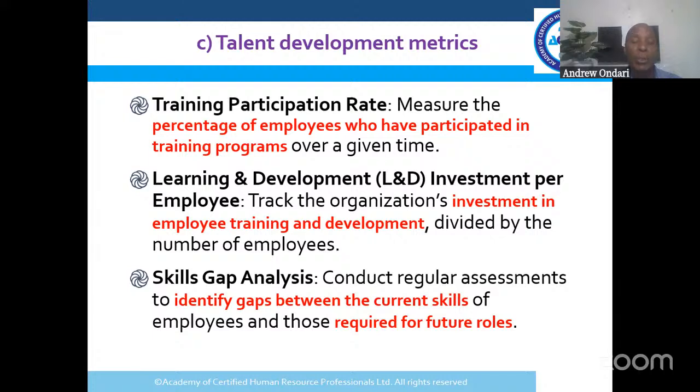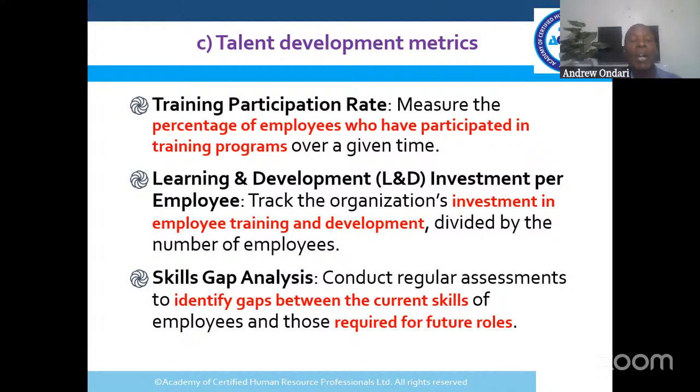Two, they stay in the organization, that is, we retain them. Three, we prepare them for promotion. And four, we prepare succession plans. So talent development is enhancement of skills, knowledge, and competencies.